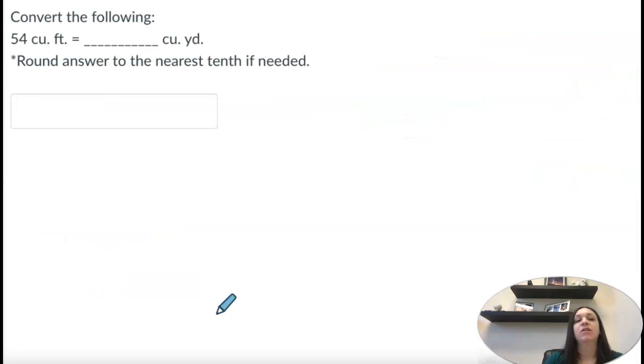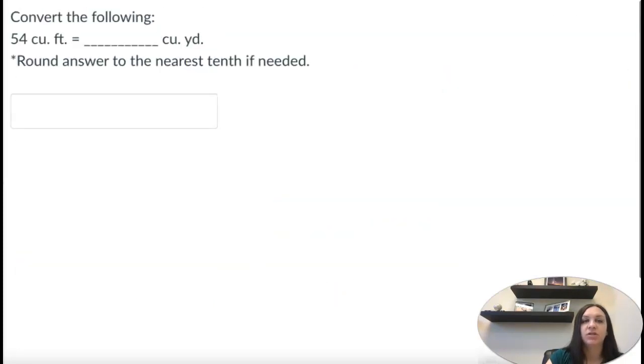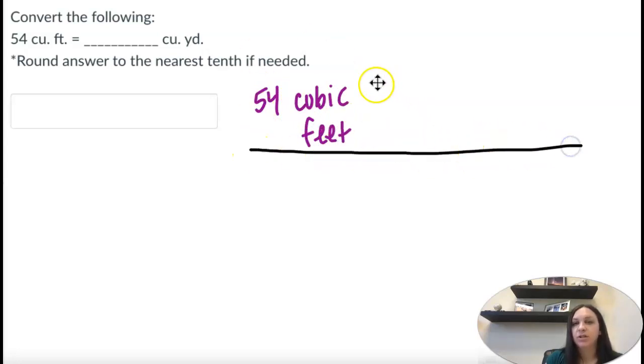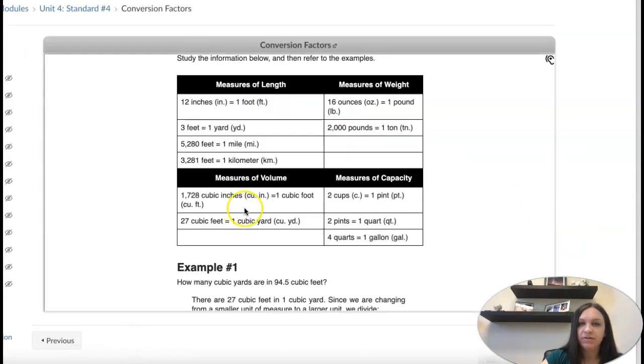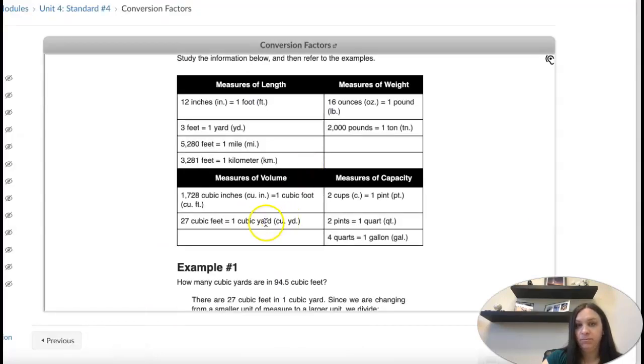Alright, let's do another one. Cubic feet to cubic yards. Didn't we just do that one? Nope, we did inches. Okay, so we're starting with 54 cubic feet. I'll make my conversion. So diagonally, I need cubic feet. Let's go see what we have. I need a reminder. We're going to cubic yards. Well, that's perfect.